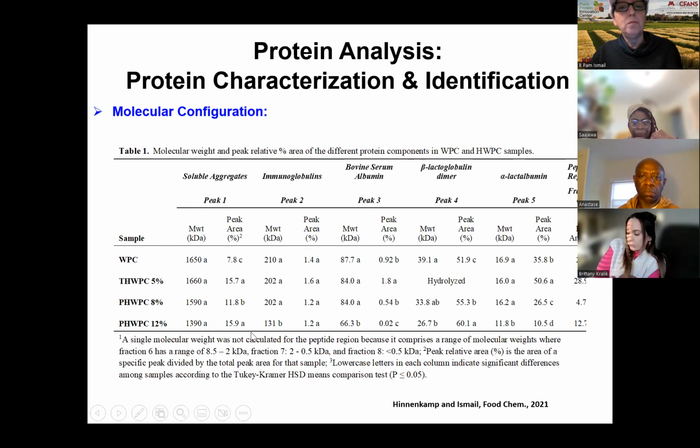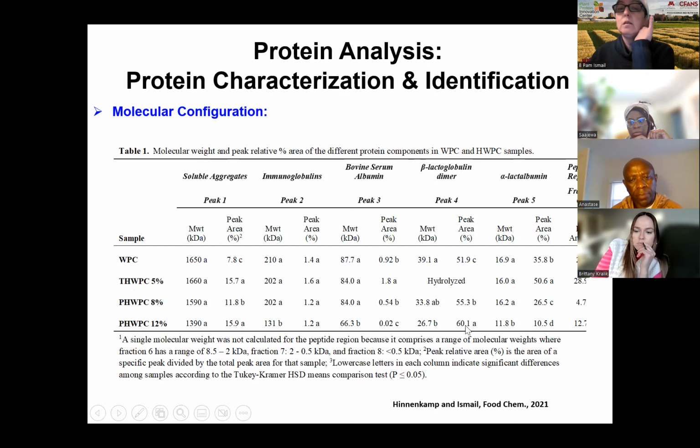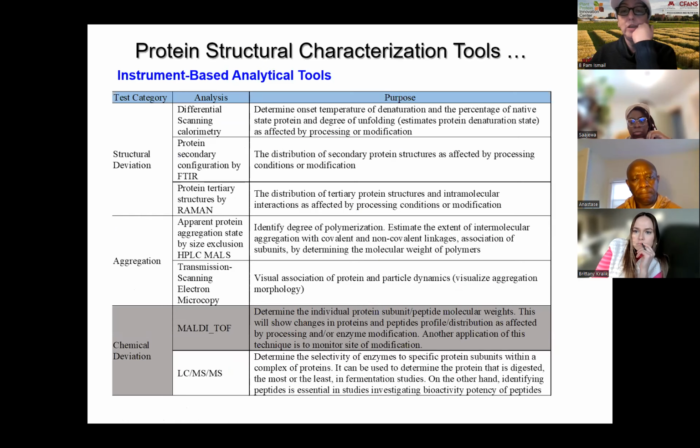And depending on the enzyme we use, trypsin versus a different enzyme, we can see what gets completely hydrolyzed. So trypsin has high affinity to beta-lactoglobulin, for example. So we are able to determine that with running size exclusion. So looking at enzyme specificity, collecting our hydrolysates for further analyses.